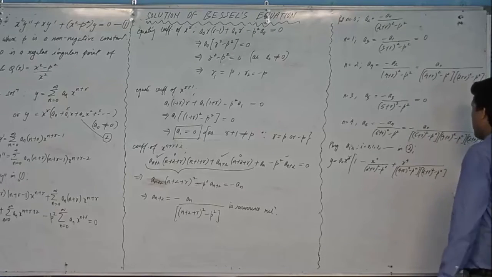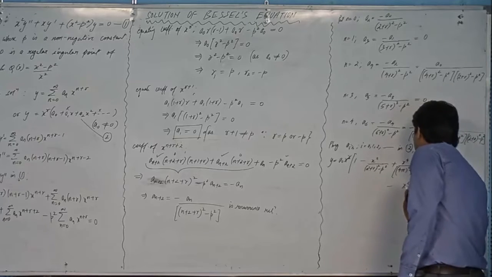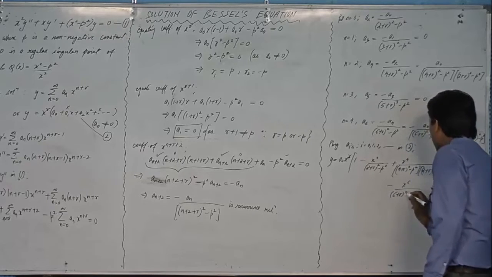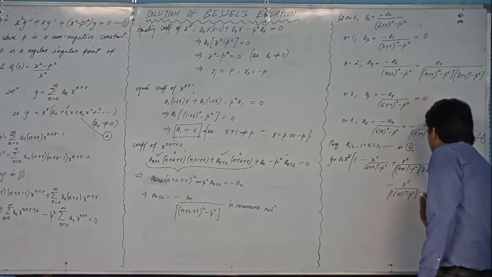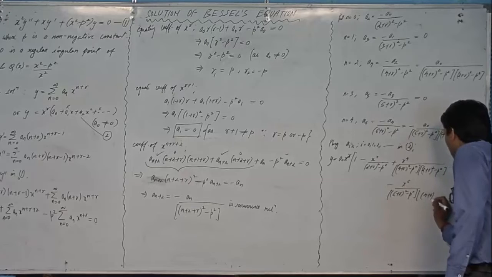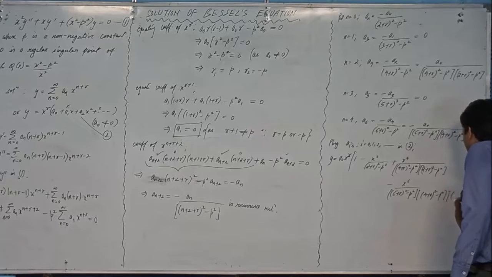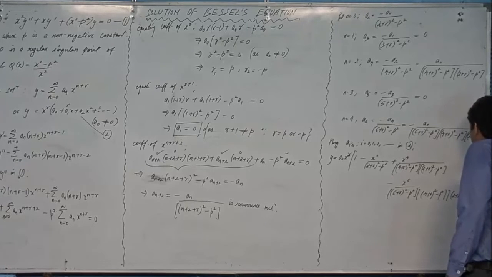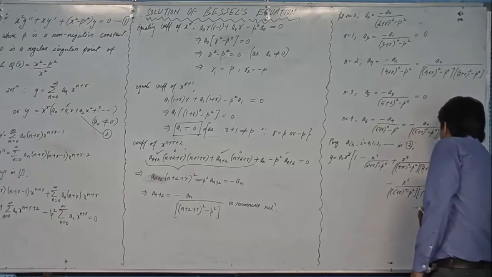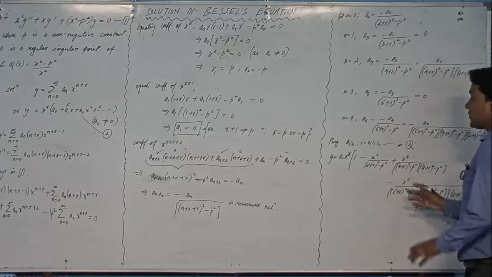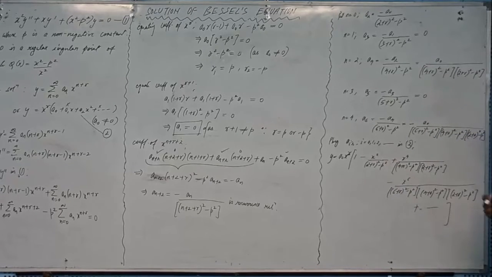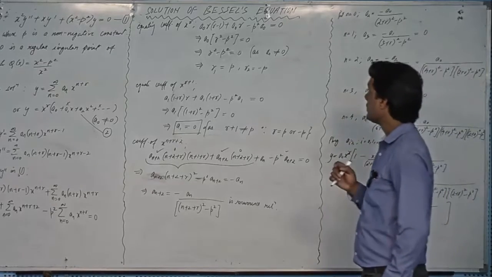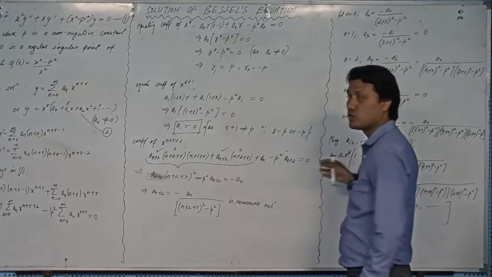In the last term, minus x to the power 6 divided by (6+r) whole square minus p square, (4+r) whole square minus p square, and (2+r) whole square minus p square, and so on. So this is a solution in terms of r. However, the values of r are still remaining to be substituted in the solution.